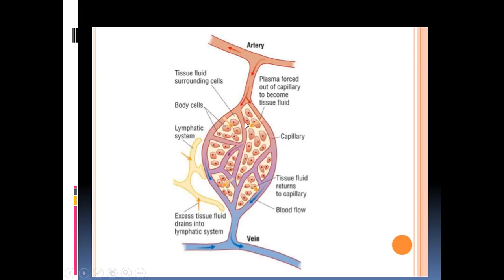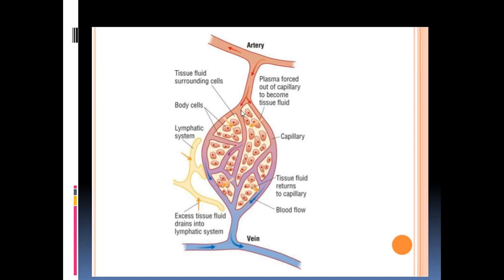And the tissue fluid or the interstitial fluid forms the immediate environment of each individual body cell. Tissue fluid is almost identical in terms of composition to the blood plasma. They have very similar content.